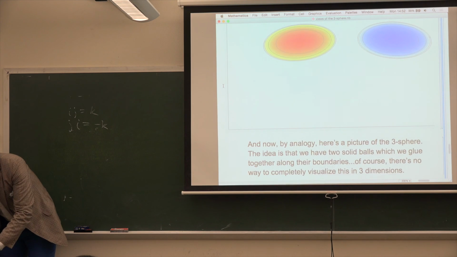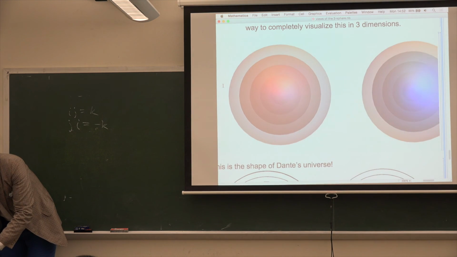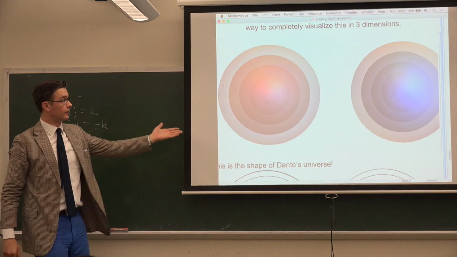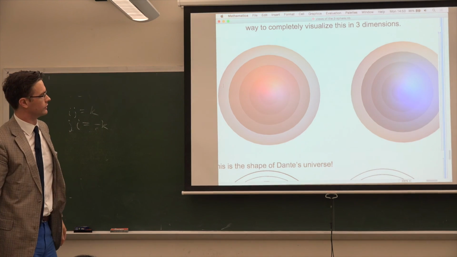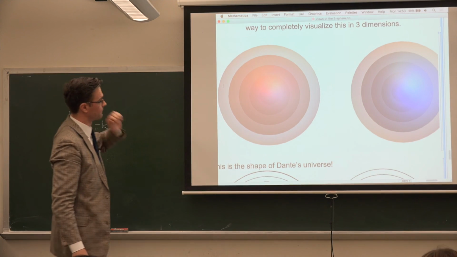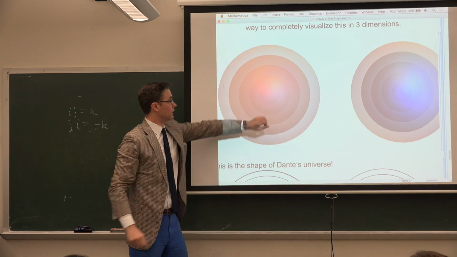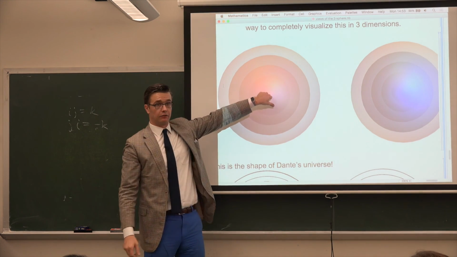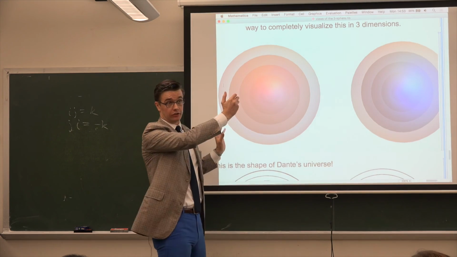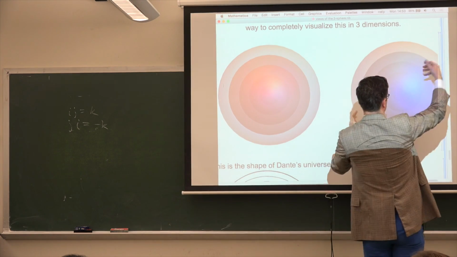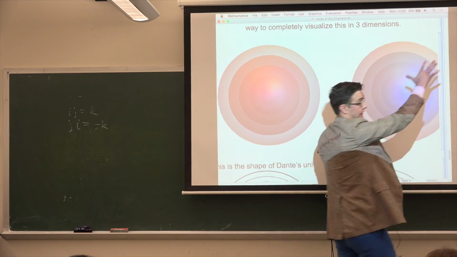So here, of course, is the corresponding picture of the three-sphere, which doesn't quite fit on the screen, but hopefully you get the idea. This is now a solid ball, colored darkest red right in the middle and getting lighter and lighter as you come out. And this is a solid ball, blue in the middle and lighter as you come out.